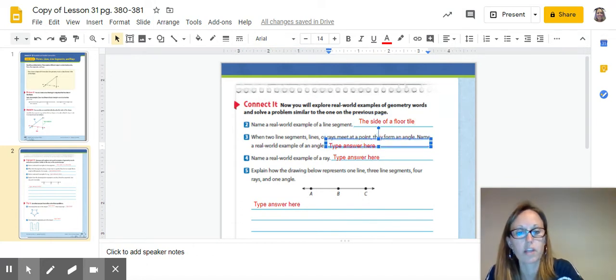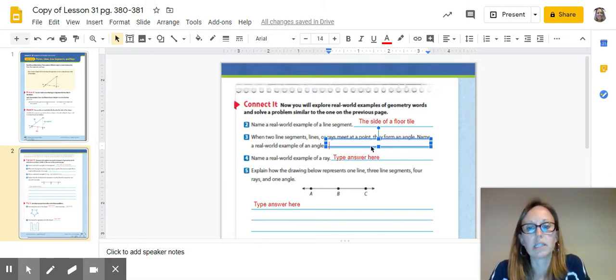Now on this question, it says, when 2 line segments, lines, or rays meet at a point, they form an angle. Name a real-world example of an angle. And we have been working nonstop with angles, so you guys should be very good. You had to do a Google Slides on going around the house on a scavenger hunt, finding angles around your house.